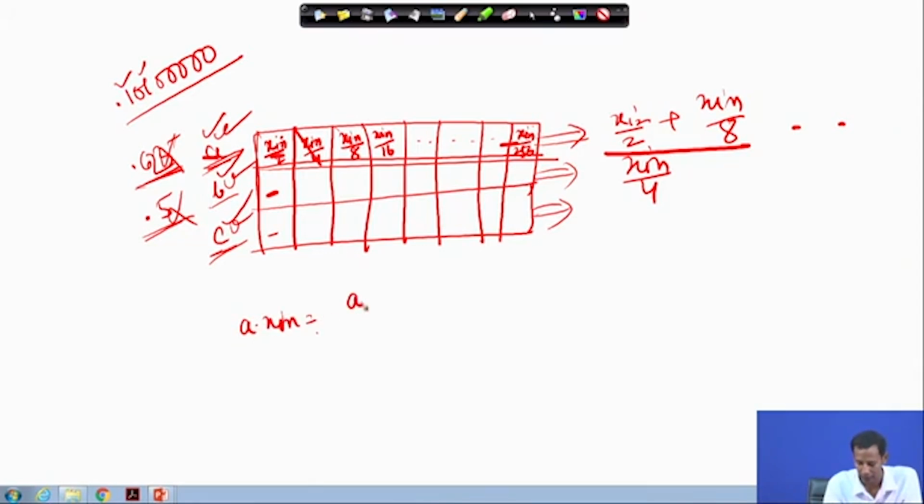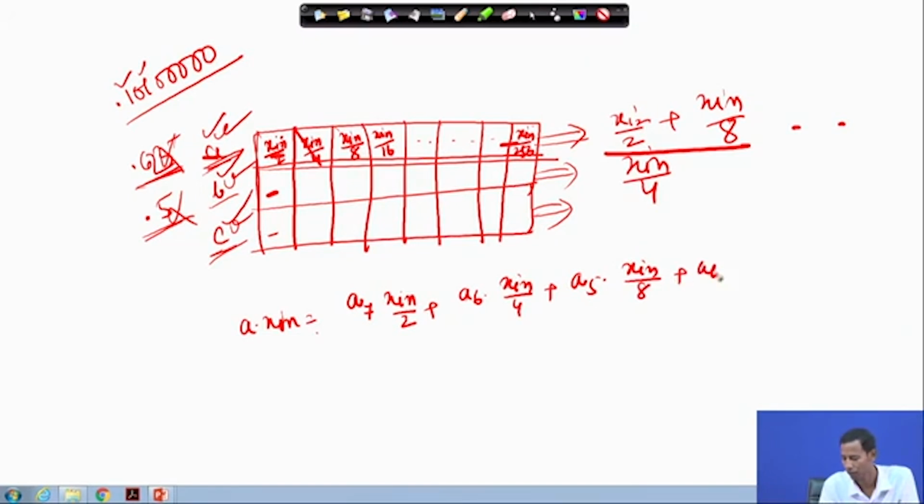A7 x_in divided by 2, A6 into x_in divided by 4, A5 into x_in divided by 8, then A4 x_in divided by 16, A5 x_in divided by 32.